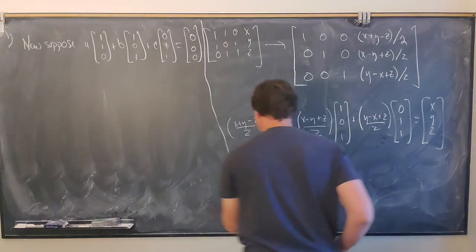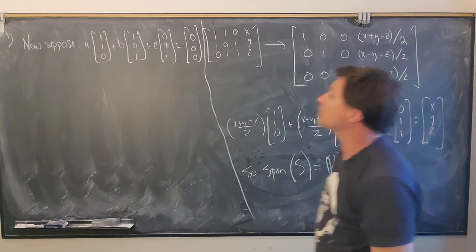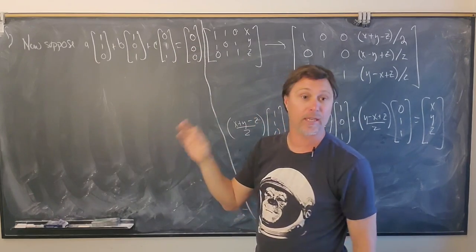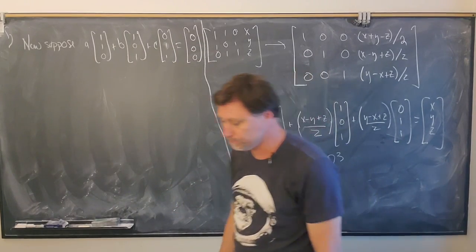To conclude linear independence, I need to show that the only solution to this equation is the trivial solution, A equals B equals C equals 0.